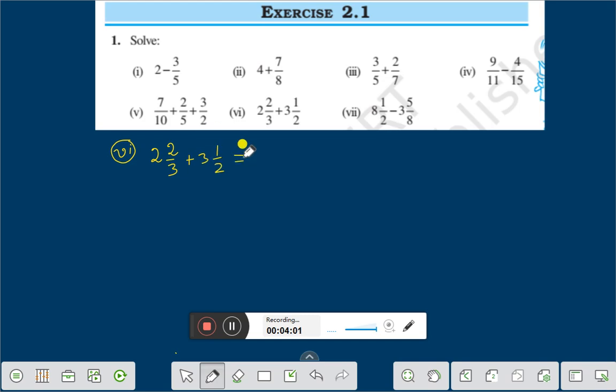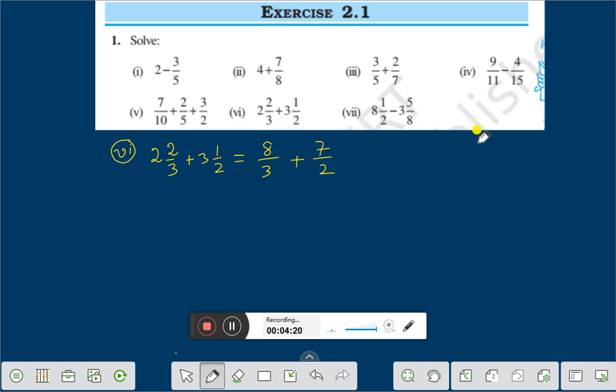That is equal to, multiply 2 into 3 is 6 plus 2 is 8, that is 8 by 3, plus 2 into 3 is 6 plus 1, 7 by 2.